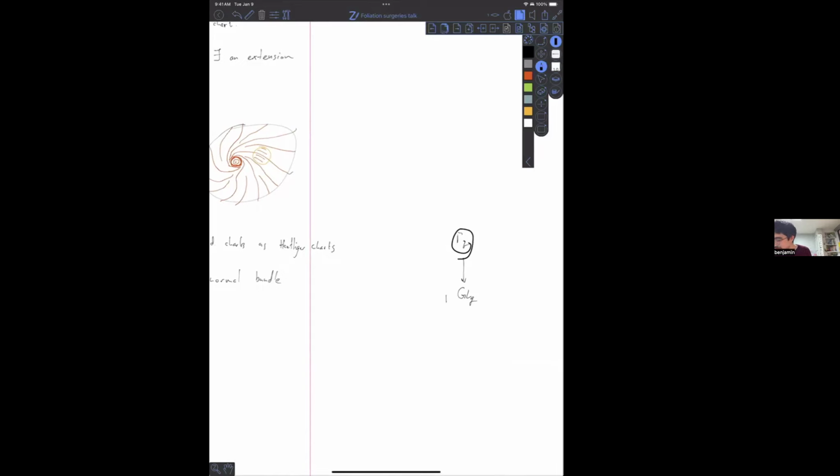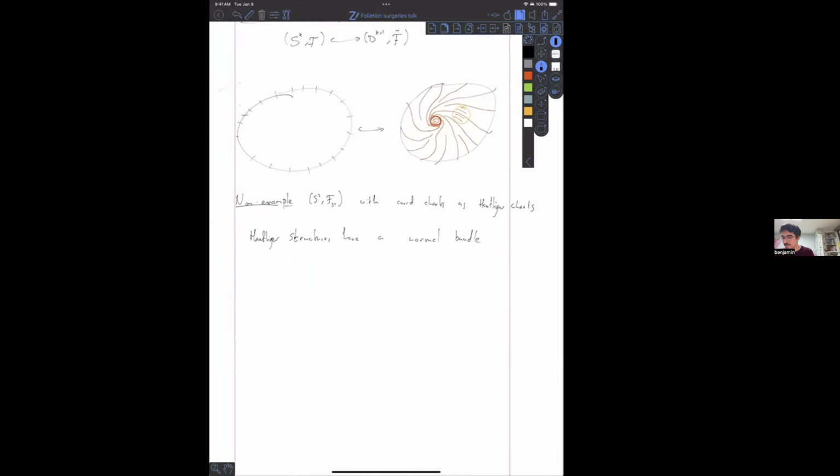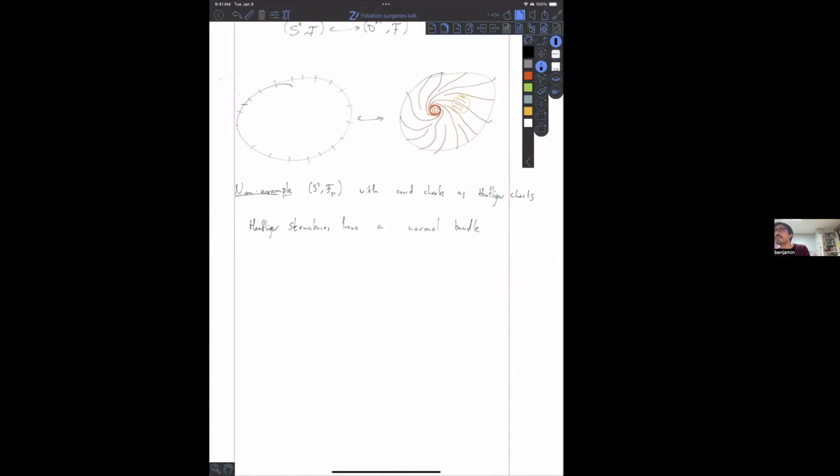There's a continuous map like that, so you have a map of classifying spaces. If you have a foliation that's classified like that, the induced map down here is the classifying map of the normal bundle. So the point is Haefliger structures have normal bundles. We just need this fact.